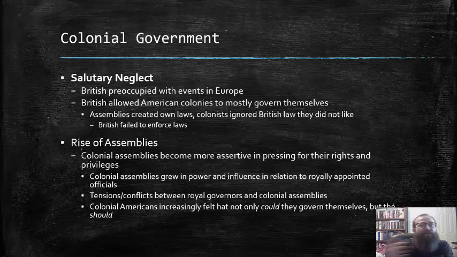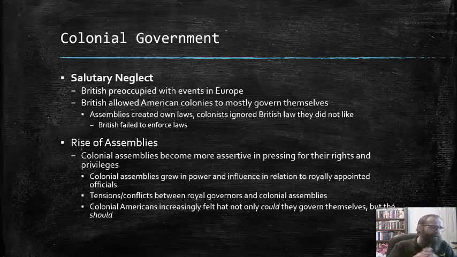So the British essentially allowed the American colonies to mostly govern themselves. The assemblies created their own laws, and colonists ignored British laws they did not like. And for the most part, the British failed through either negligence or just not caring that much to enforce a lot of those laws as well.